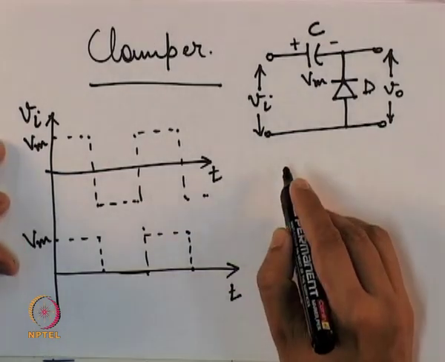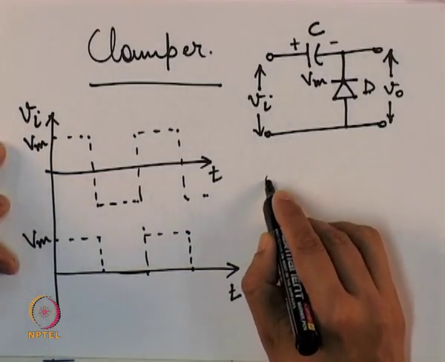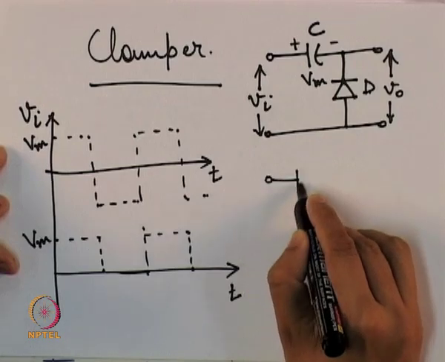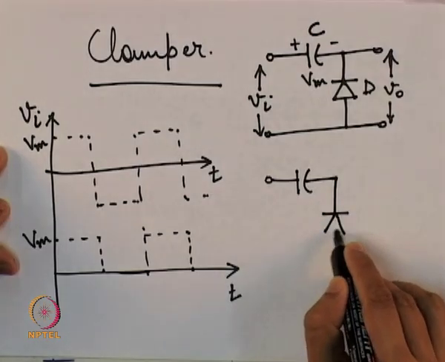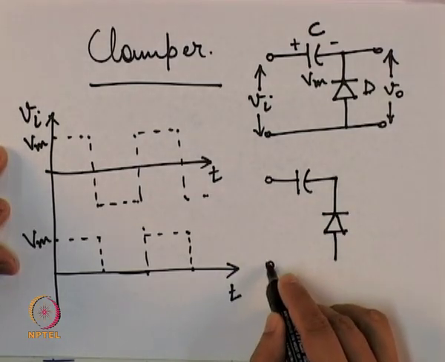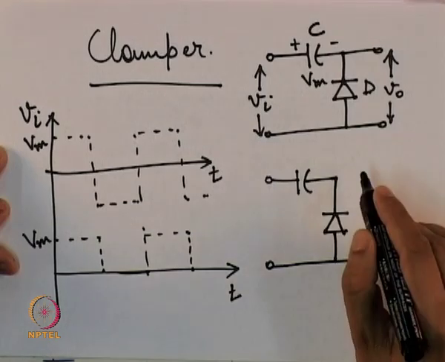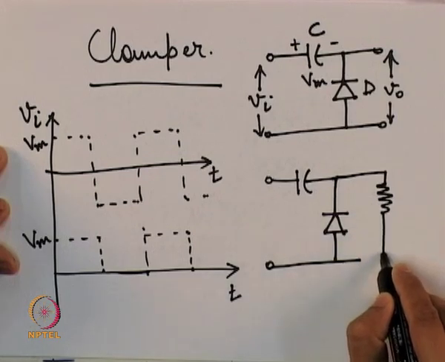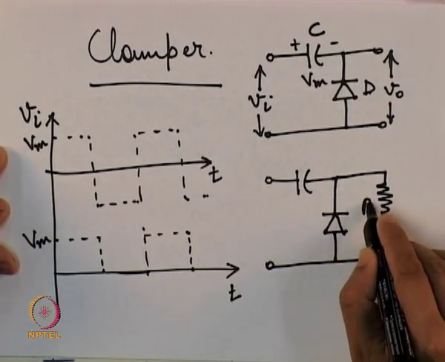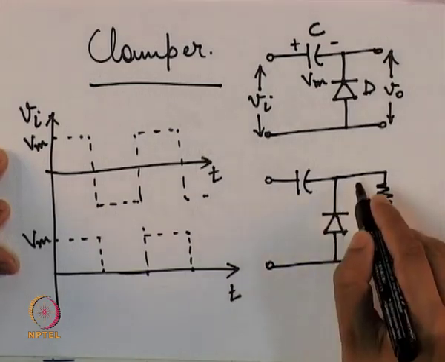In a practical circuit, of course, we will not find an ideal capacitor. Therefore, in a practical circuit, our circuit will look something like this. There will be a resistor through which the capacitor will discharge.